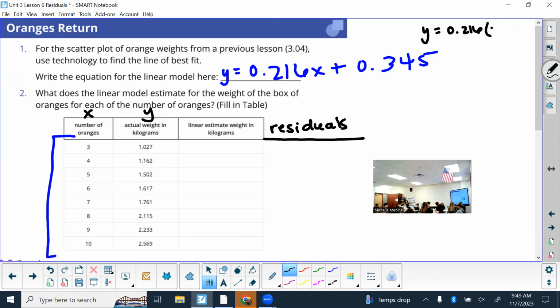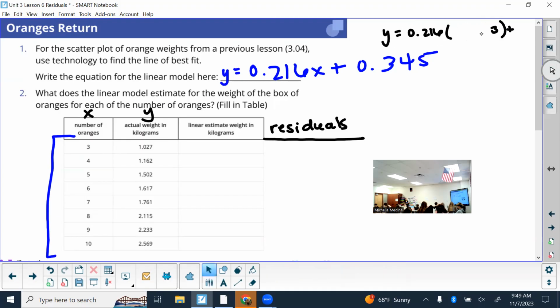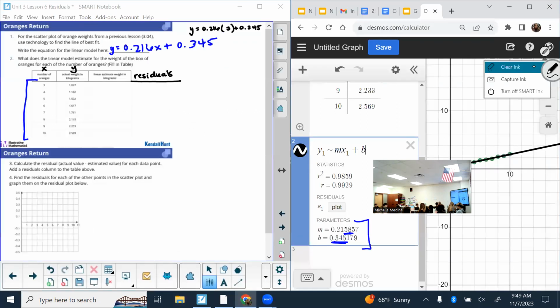My first X is 3, plus 0.345. Anytime I tell you guys to plug stuff in, what do I tell you to use?